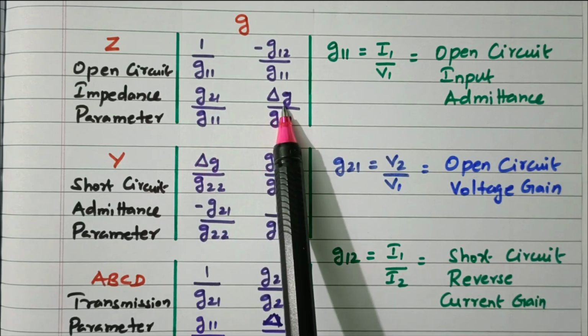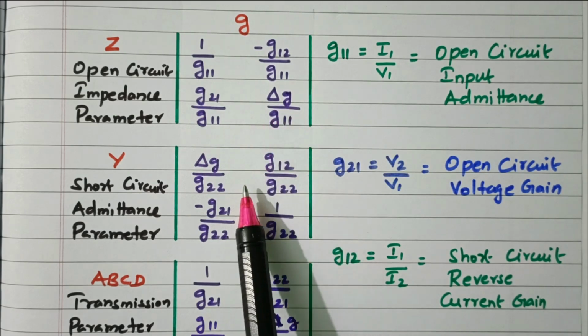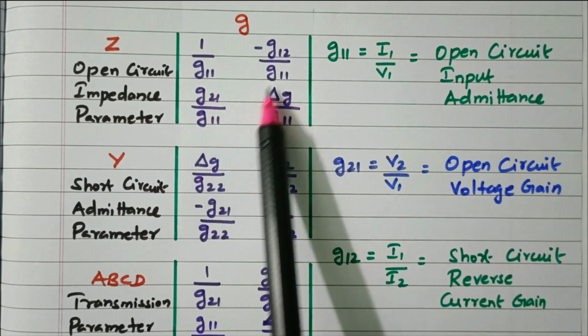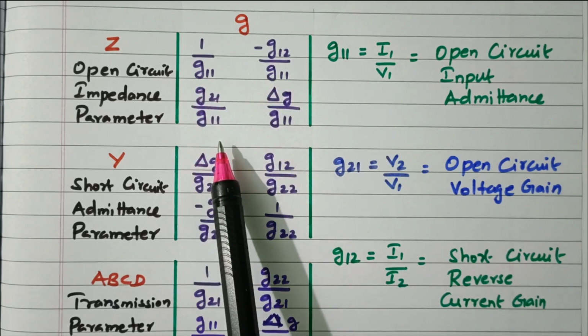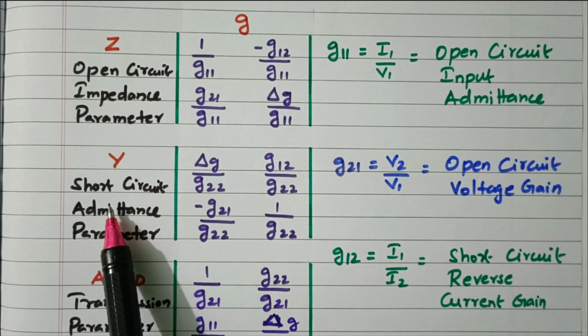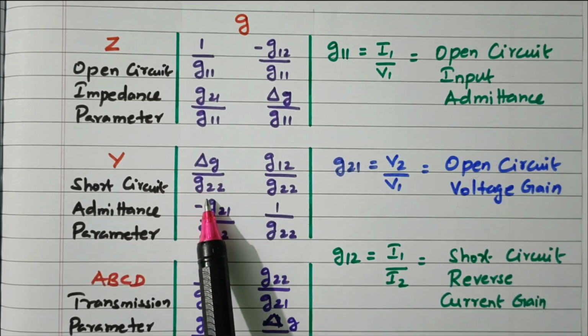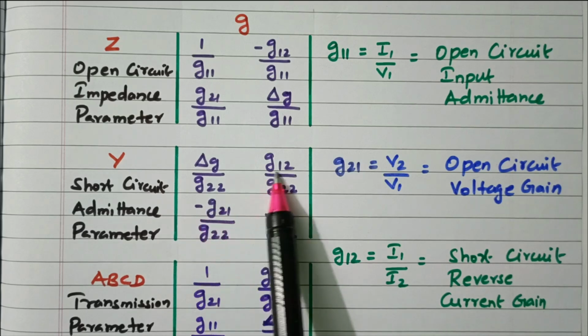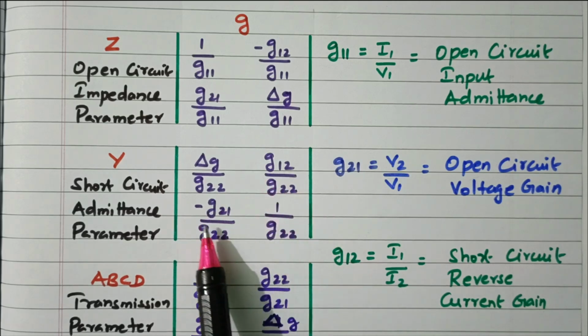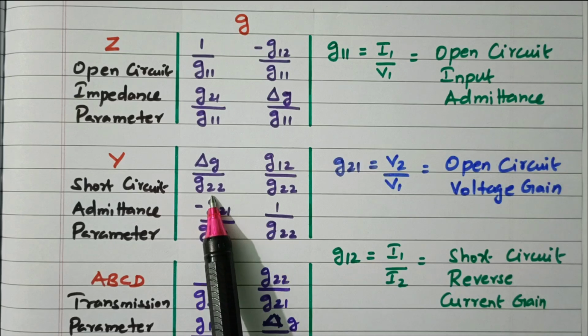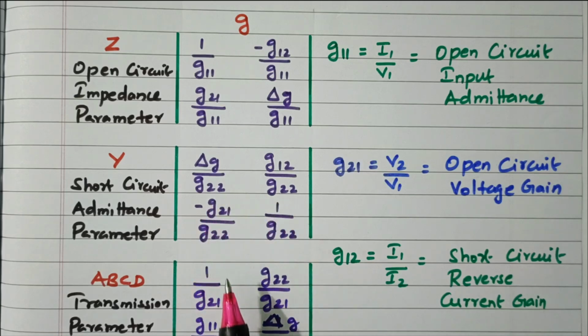This delta G is nothing but the determinant of the inverse hybrid matrix. So the denominator is G11 for all, only the numerator is different. Then the short circuit admittance parameter: delta G divided by G22, G12 divided by G22, minus G21 divided by G22, 1 divided by G22. Here the denominator G22 is common, the numerator is different.